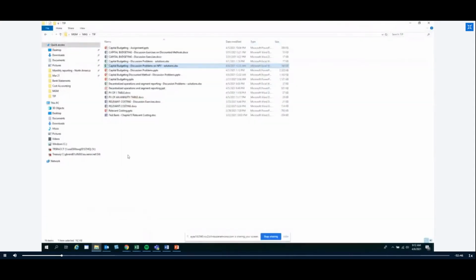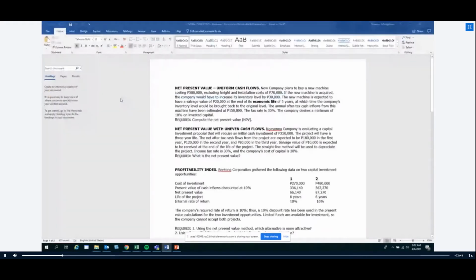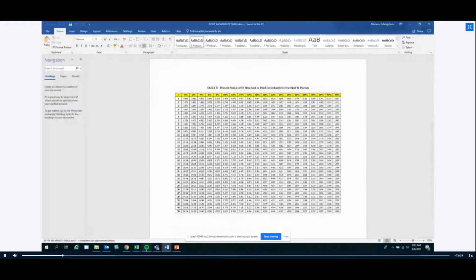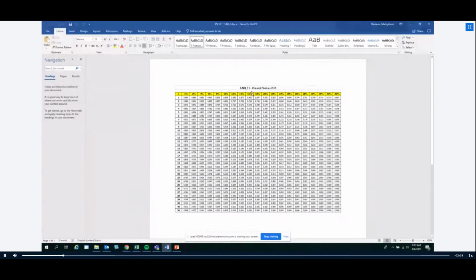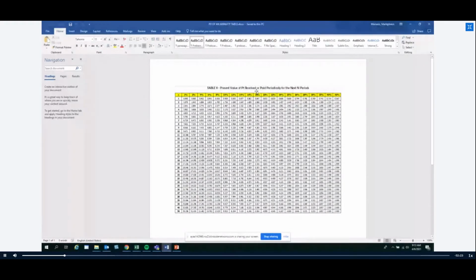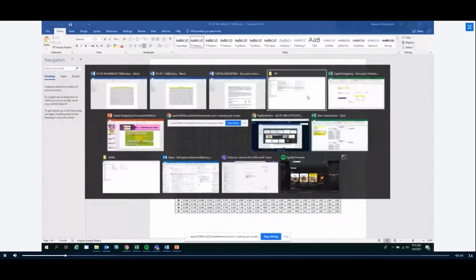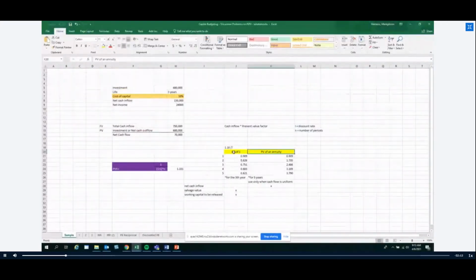Here we have Table 1, present value of 1 peso, and present value of 1 received or paid periodically for the next N periods. Let me go back to my illustration. When do we use present value of 1? When do we use present value of an annuity?